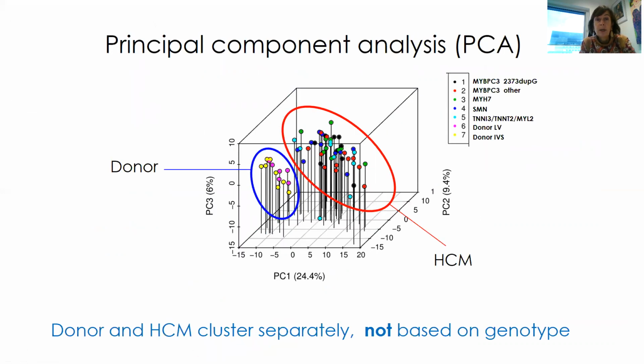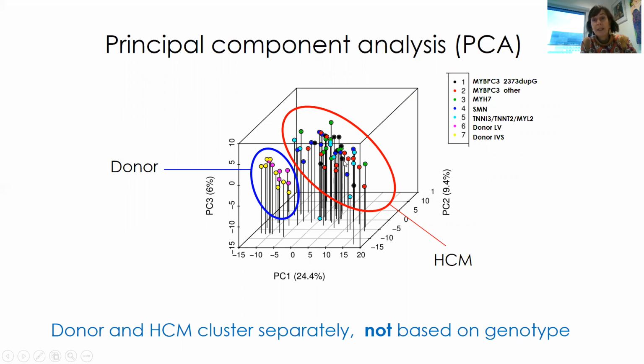So to figure out if we could tease out what's the disease mechanism in people without a sarcomere mutation, but also with the different genes affected, we performed a proteomics analysis in a large number of samples. And what's obvious is that the hypertrophic cardiomyopathy samples separate very well from the non-failing donor samples.